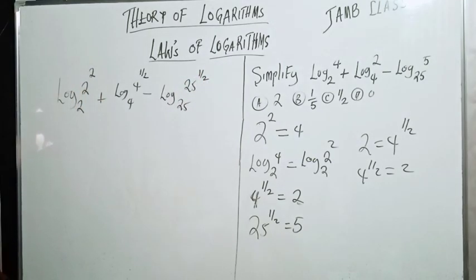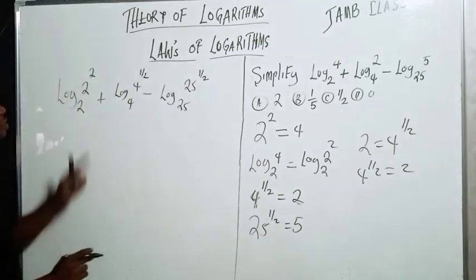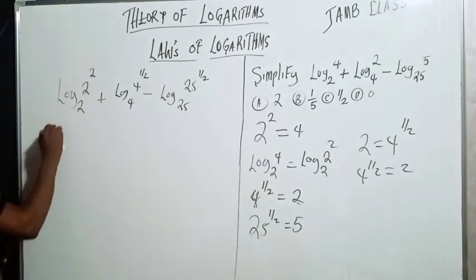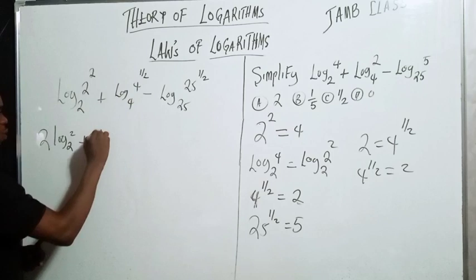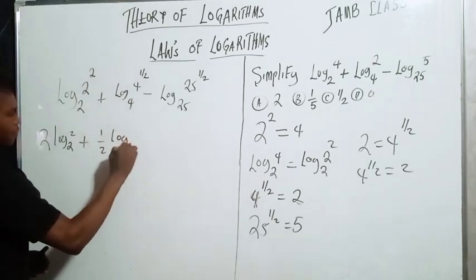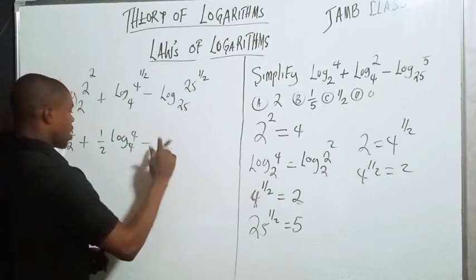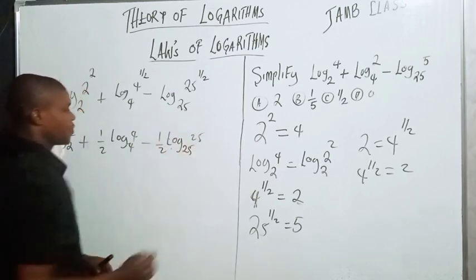So what I want to do here is to carry something. Now this is the index law or power law. So carry from here, we have 2 log 2 plus, next one here, 1 over 2 log 4 minus, here we have half log 25, right?